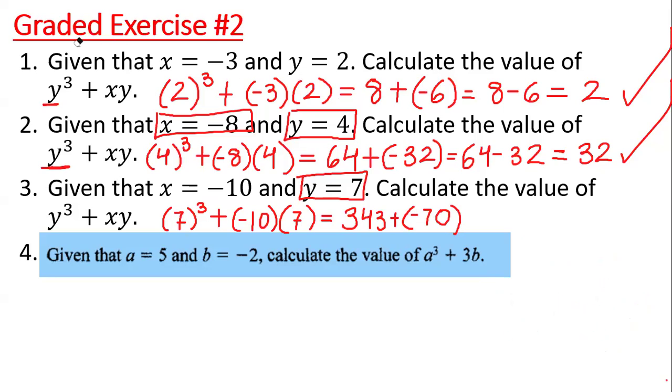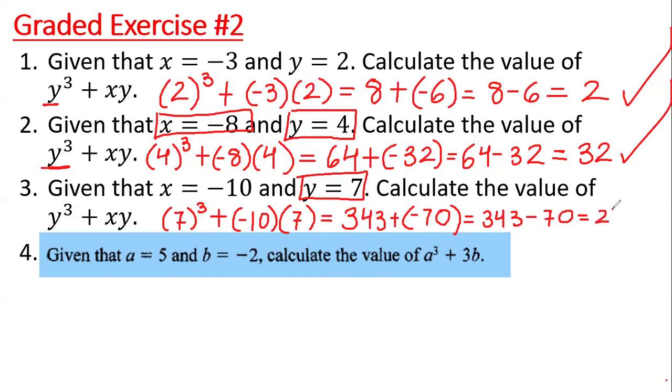So it's going to be 343 minus 70. And what is 343 minus 70? 273.